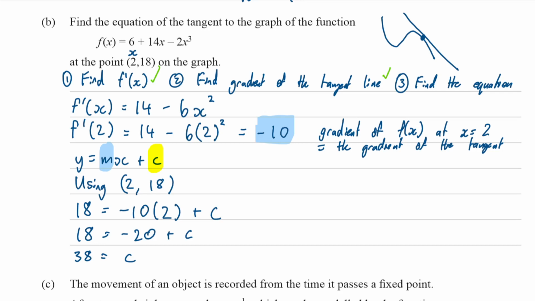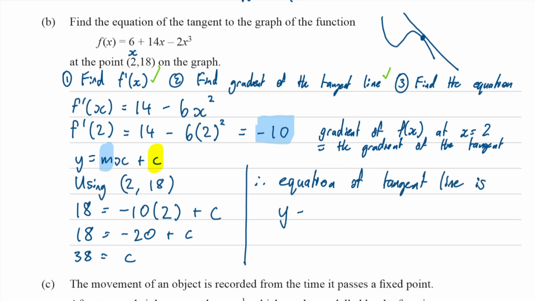So putting it all together, equation of tangent line is y equals the gradient minus 10x plus the y-intercept, which we found was 38. Alright, and then we found the equation.